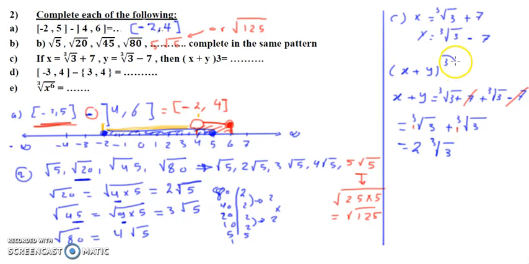So x plus y all power 3 equals 2 cube root of 3 all power 3.